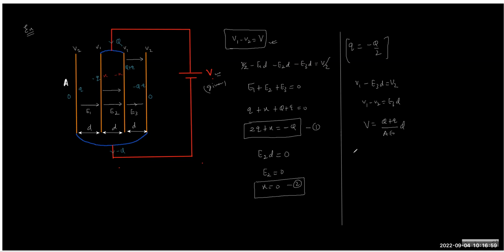And the small q we got will be Q by 2. So the answer will be Q by 2. And therefore we can get the Q value because V is given. So the answer is 2A epsilon V by 2. So we got the charge in terms of potential.